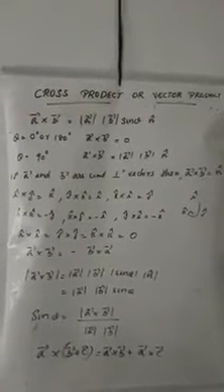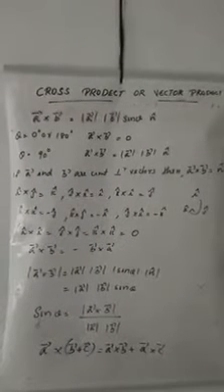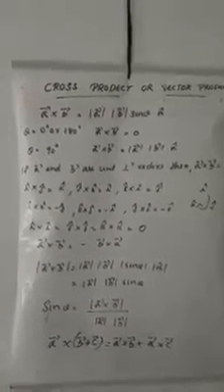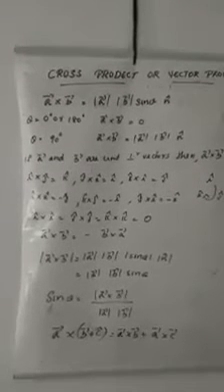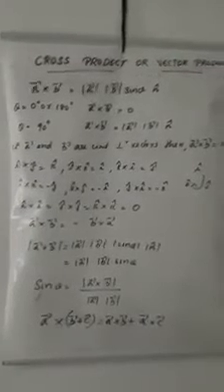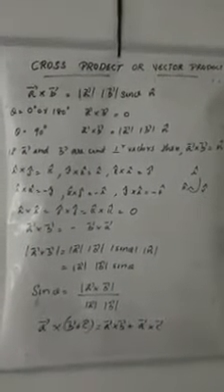See the result of this product. Modulus of vector A, the magnitude of the vector, you know it is a scalar. Modulus of B, again it is a scalar. What about sine theta? Sine of any angle is a number, that is also a scalar.